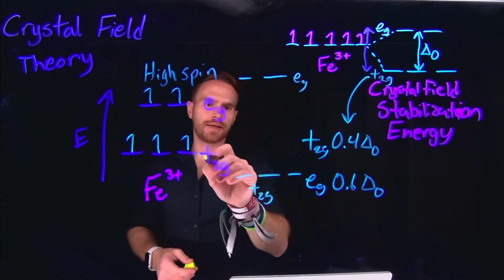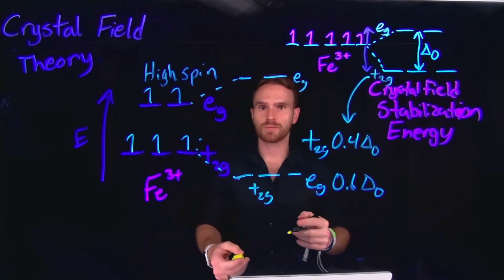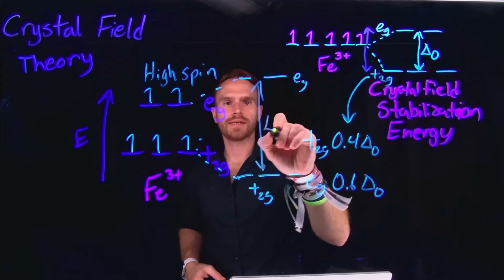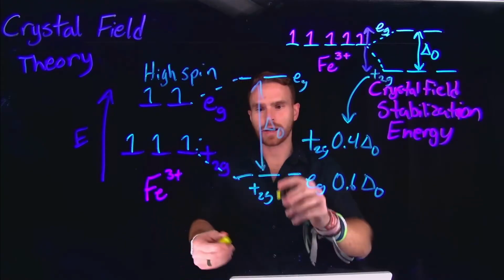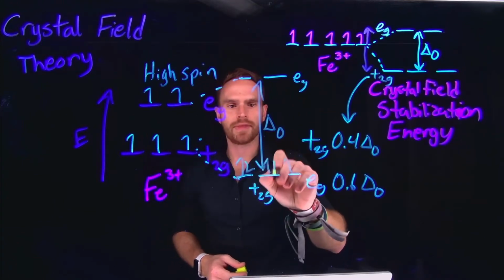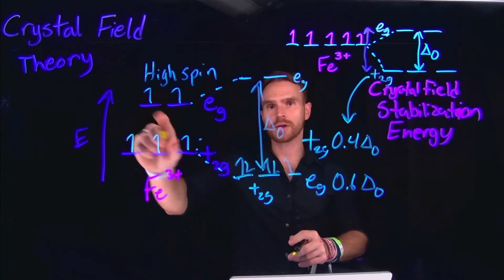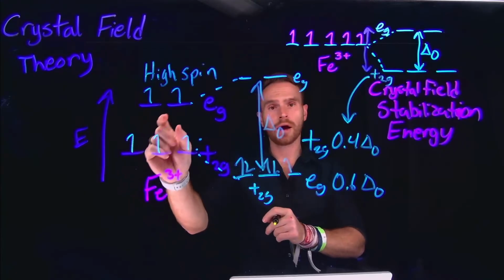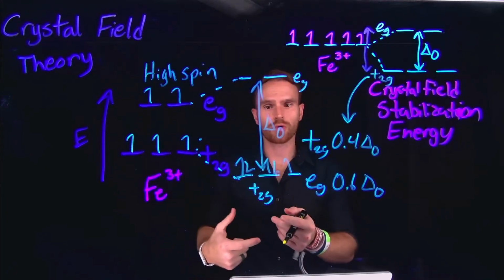And in this case, because you have a greater crystal field splitting energy, now we still have our delta O, but it is significant enough that this stabilization allows for you to populate all 5 of those electrons in the t2g orbitals. And the reason it wouldn't here is because remember that electrons repel each other, so you have electron pair repulsion that occurs if you put extra electrons in the same orbital.